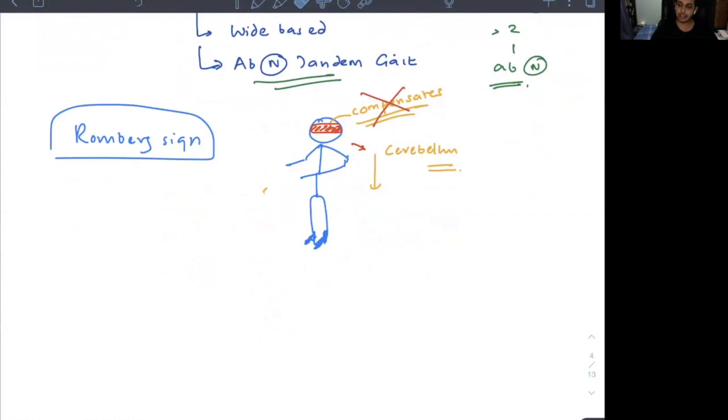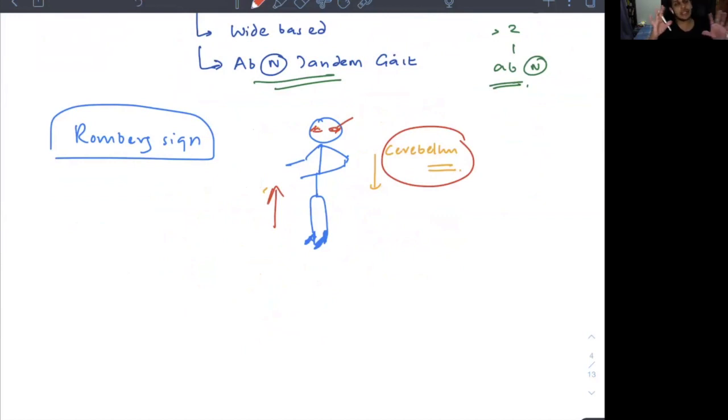What if your sensory system is normal, okay, and it is a cerebellar problem? So then, even if your eyes are open and your sensory system is normal, your brain is able to judge exactly where you are. So the brain knows how to maintain the balance, but it is your final outflow that is gone. So in a case of cerebellar ataxia, even with open eyes, there will be ataxia.